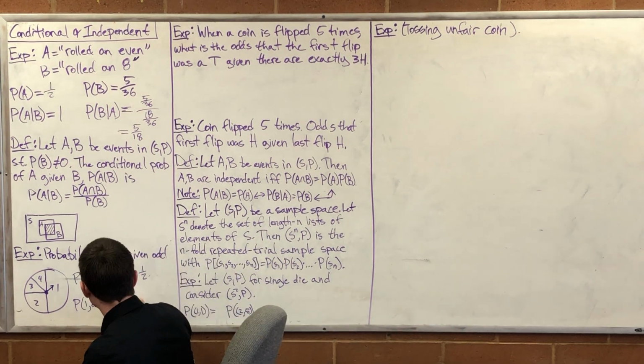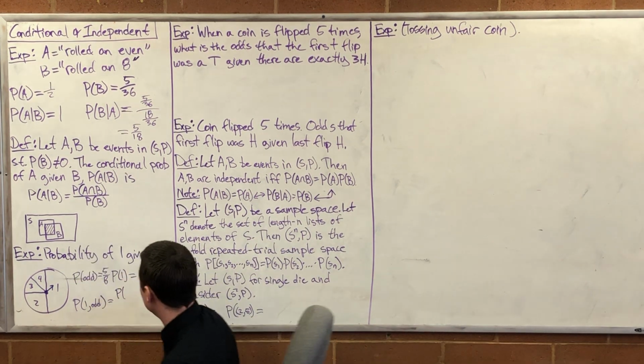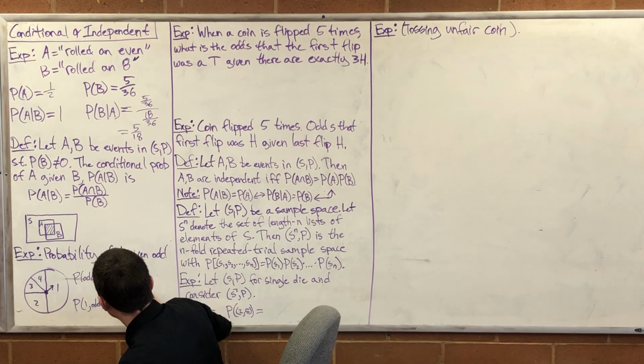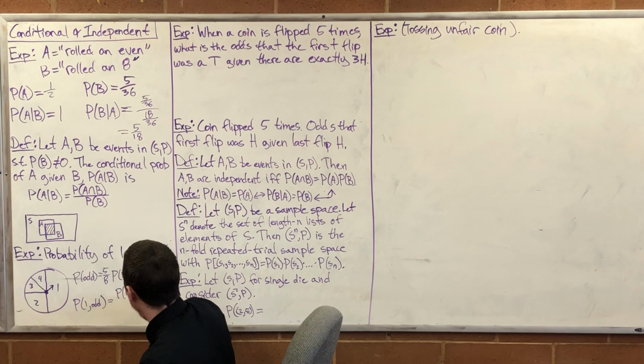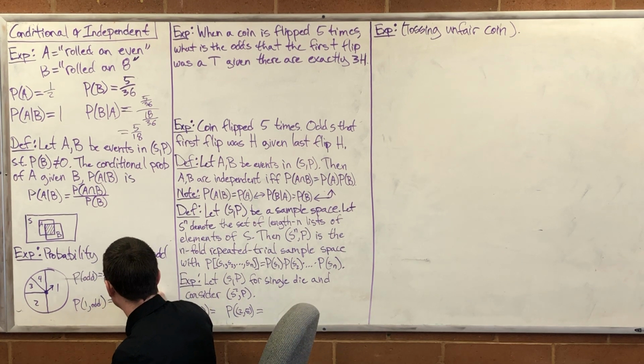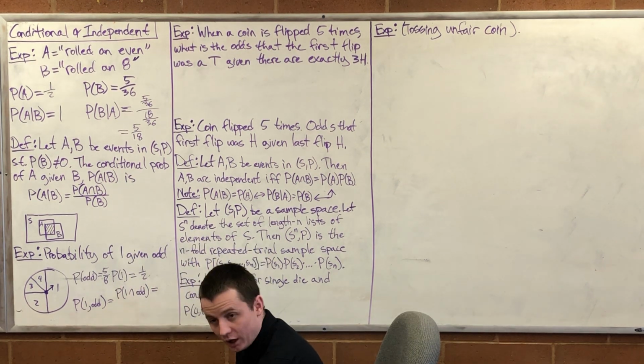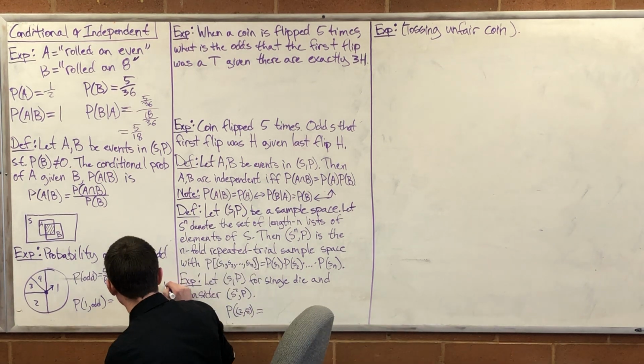So she's saying, what's the probability of spinning a 1 intersected with the probability of spinning an odd? What's the probability of spinning a 1 and an odd? Well, that's the same thing as just spinning a 1, right? So in this case, it's 1/2.